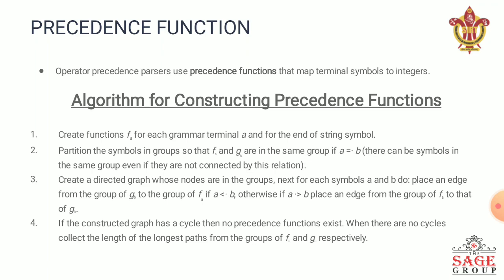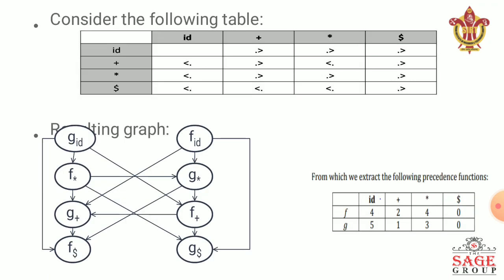Now we take an example of how to generate a precedence graph, and with the help of this precedence graph we can generate the precedence function table. As we have seen in our example, this is the operator precedence relation table, in which our terminals are connected with other terminals with the help of precedence values.